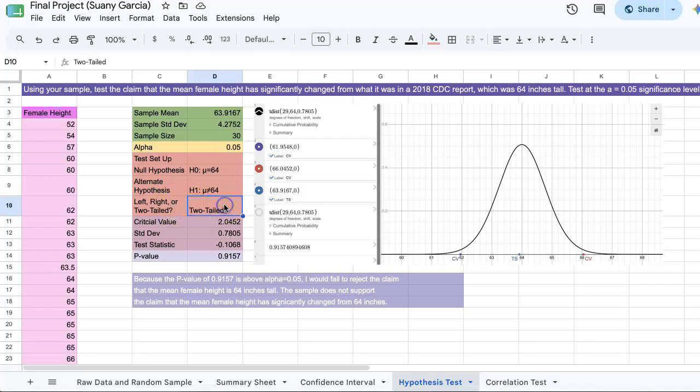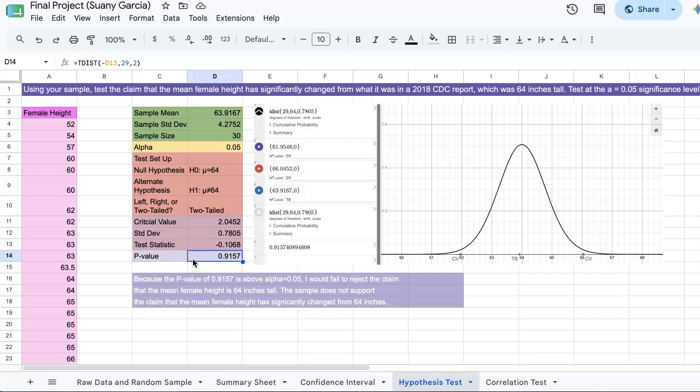And then you can tell I have a two-tailed test, critical value of 2.0452, standard deviation of 0.7805, test statistic of negative 0.1067, and a p-value of 0.9157.